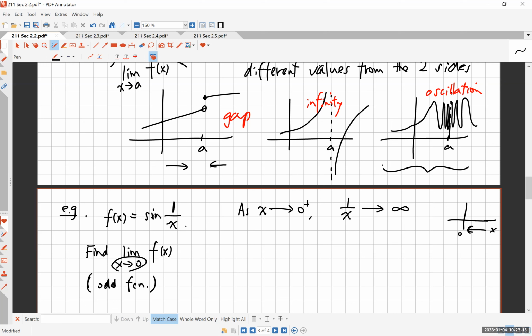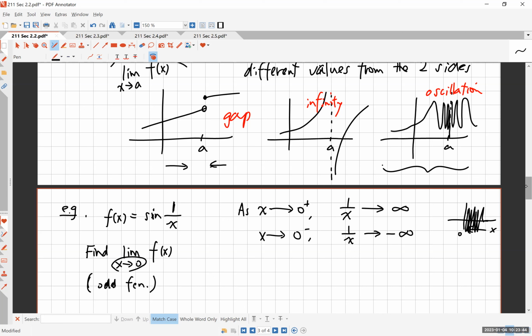So what is sine of 10, sine of 100, sine of 1,000, sine of 10,000, sine of 1 million? Well, they just go back and forth. It's going to oscillate between 1 and -1 faster and faster. And as x approaches 0 from the negative side, 1 over x approaches negative infinity, because these are numbers like 1 over negative 0.0001, which is negative 10,000.